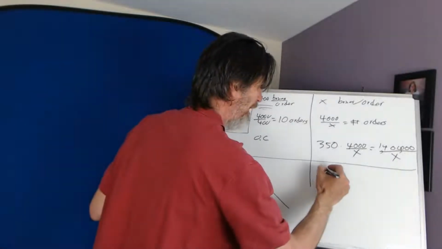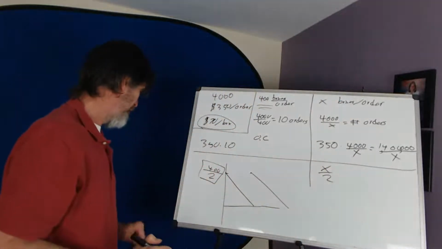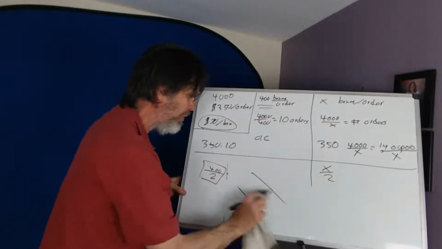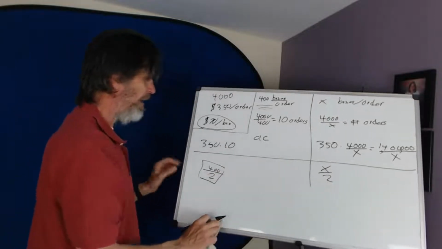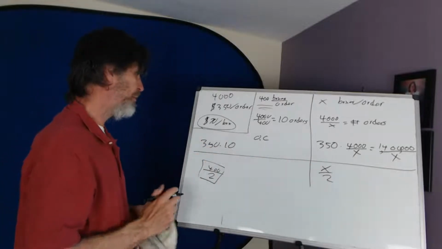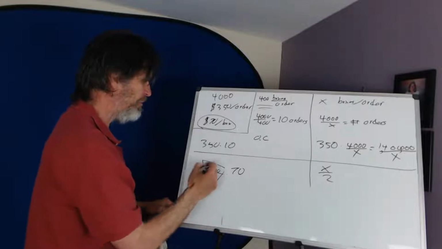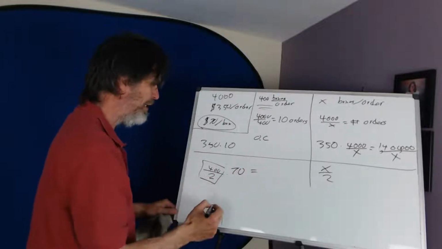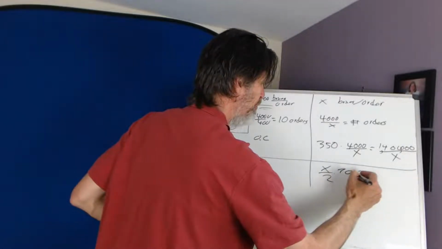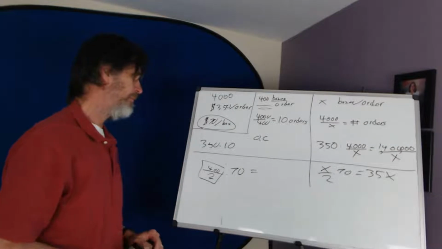The average number of boxes in storage in this case is however many I order at a time divided by 2. So there's a number of boxes in storage if I have 400 boxes per order, or if I have X boxes per order. For every box in storage, it's $70. So this would have been 200 times 70. And this one is going to be 70 times X over 2, which is 35X. Okay.